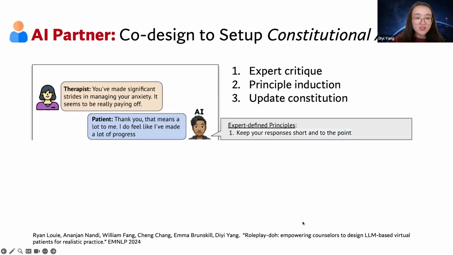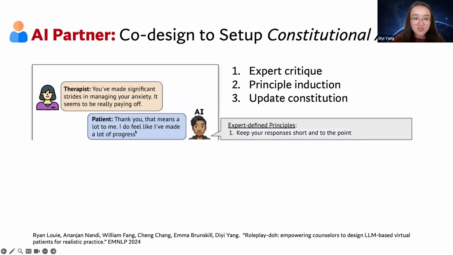To deal with this kind of unrealistic simulation, we co-design with domain experts. And we set up what we call constitutional AI for therapy. The key idea here is that we have a conversation between the therapist and a patient, where the patient is AI.